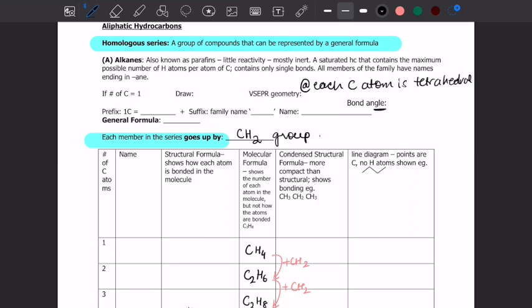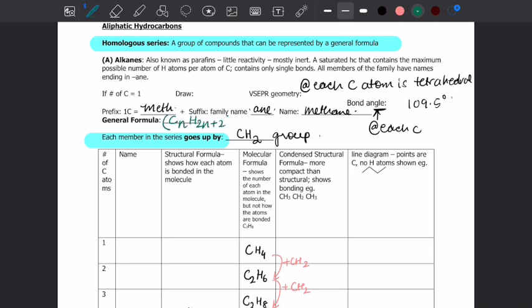We have already talked about the other parts. The VSEPR geometry at each carbon atom is tetrahedral. The bond angle at each carbon is 109.5 degrees. And you might have already figured out that the general formula for the alkane series is CnH2n+2.